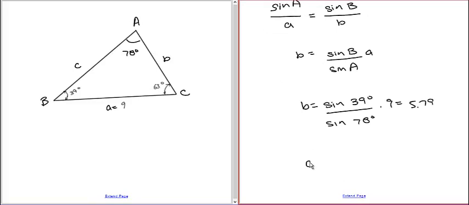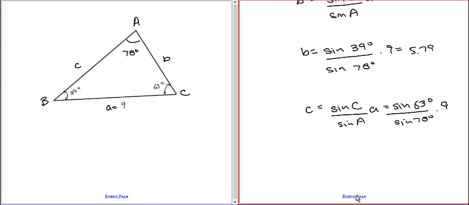And you could do the same thing for C. We replace B with C. So C equals the sine of C over the sine of A times A. Then you'd have the sine of angle C, which is 63 degrees, divided by the sine of angle A, which is 78 degrees, times 9.